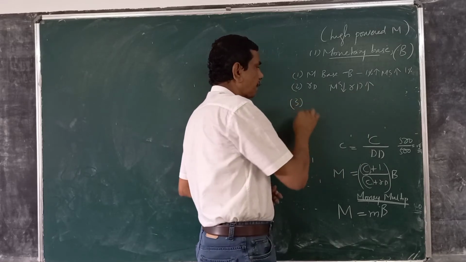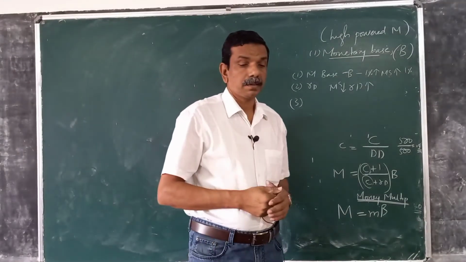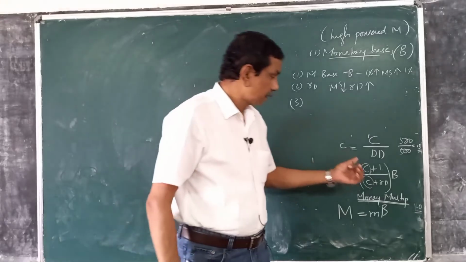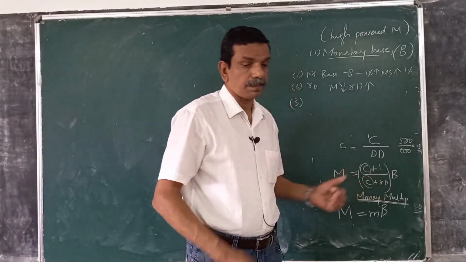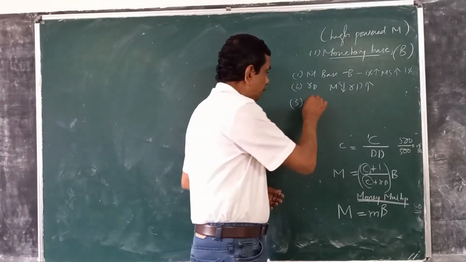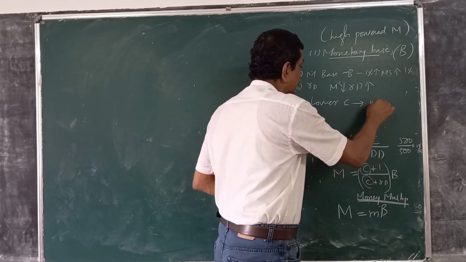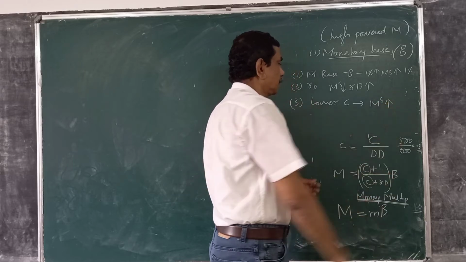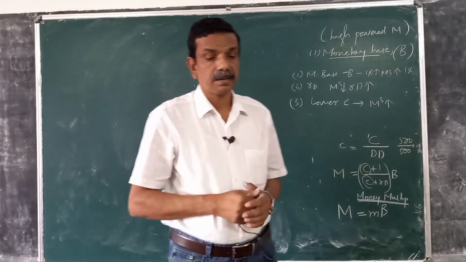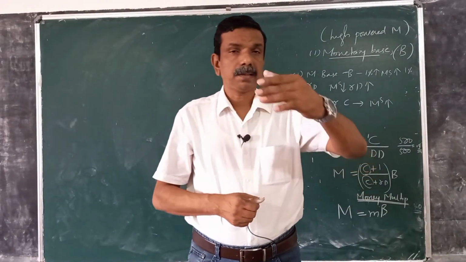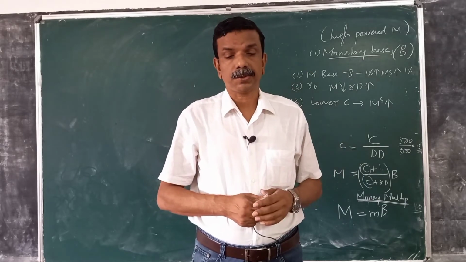Third one is, what is the relation between C and money supply? Lower C, larger will be the money supply. There is an inverse relationship between money supply and the currency deposit ratio.